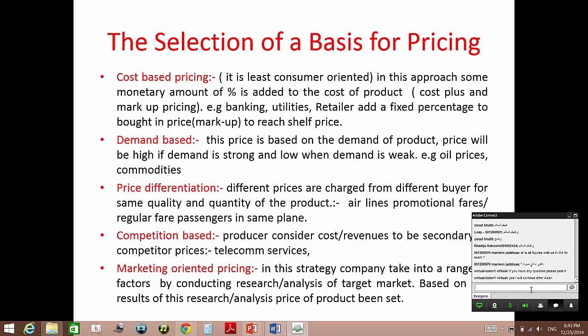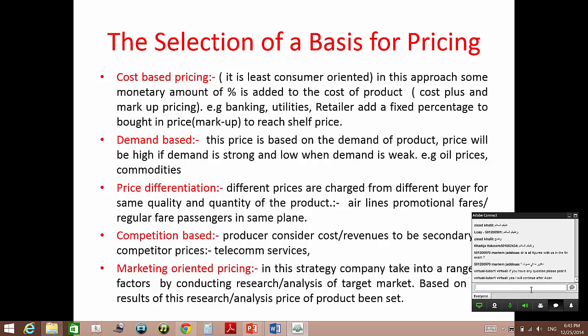And when the demand is equal to the supply, then we reach the equilibrium point. And the price at this point will be the optimal price for the product. Okay? So demand-based pricing is looking for the equilibrium point, and at the equilibrium point we will find the optimal price for the product.